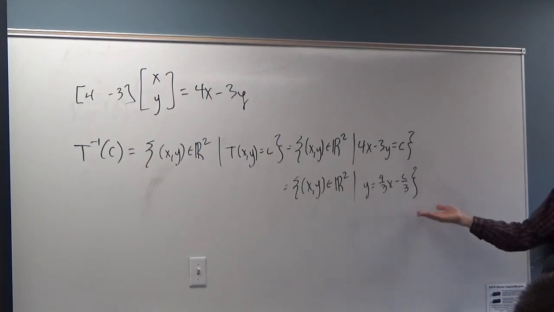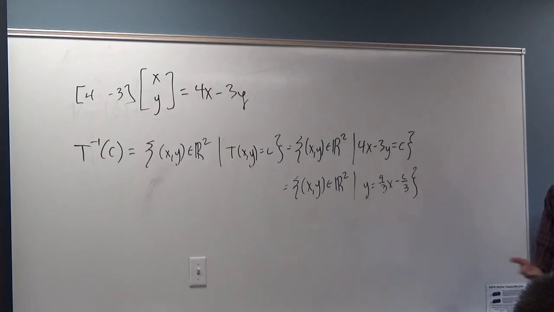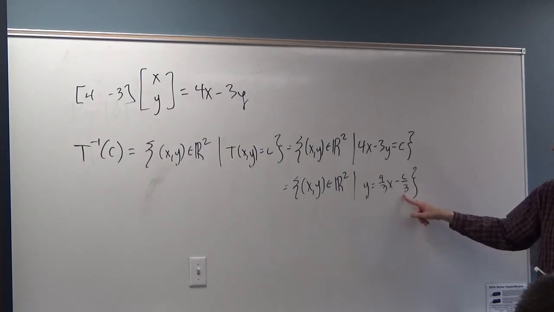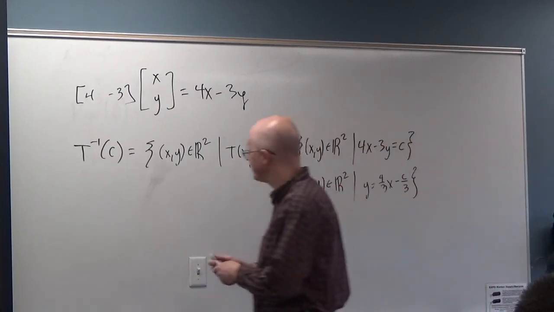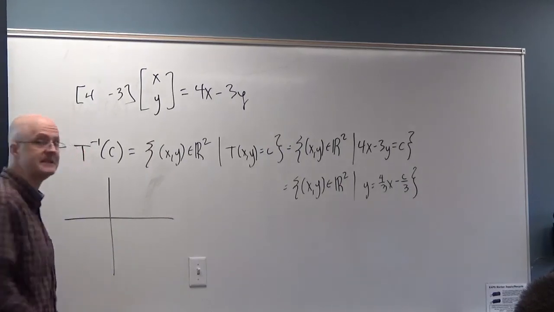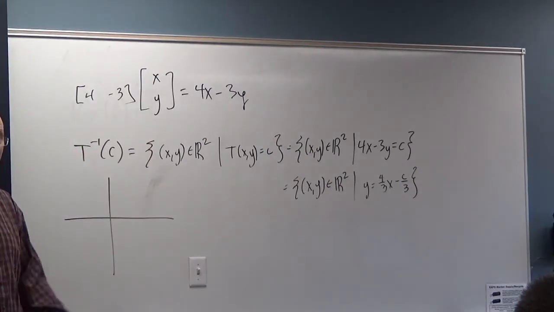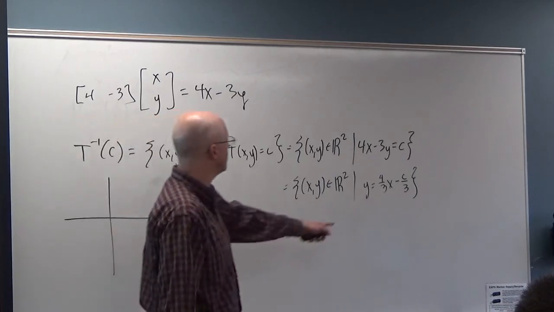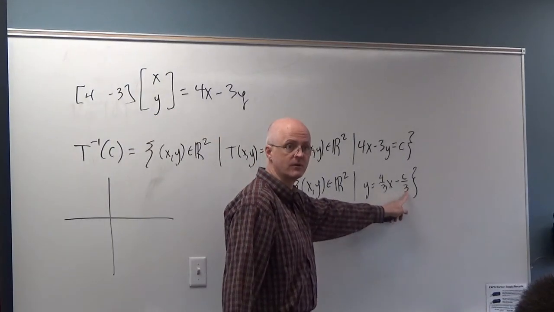But what is that? How do you geometrically interpret that? Usually you think about that as being a line with a slope of 4/3 and a y-intercept of negative c over 3. If c happens to be 0, then we're talking really about the kernel: a line with a slope of 4/3 and a vertical intercept of 0.